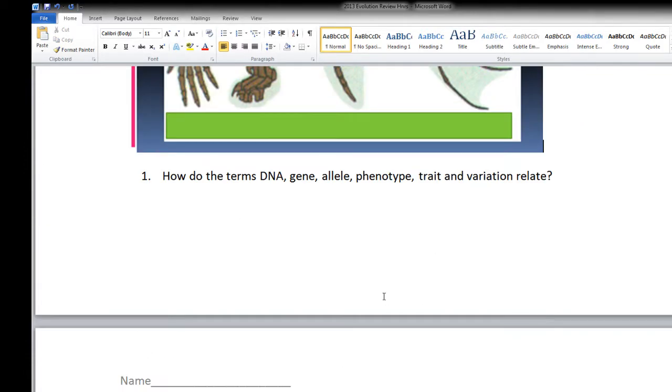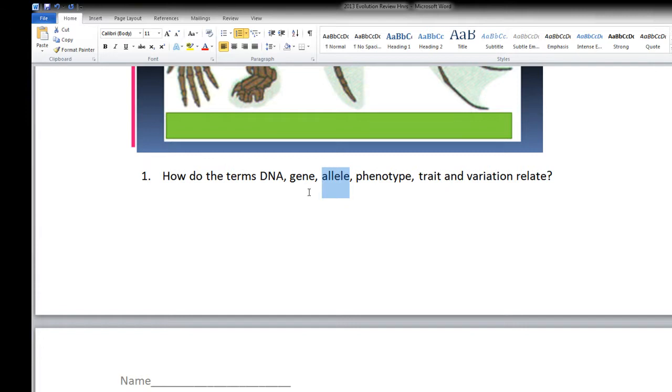Number one, how do these all relate? Well, stop barking, Benny. Your DNA is this whole code, right? And a section of DNA can be a gene, right? Now, the specific type of gene that you get would be an allele, right?